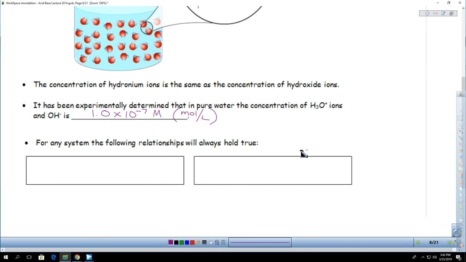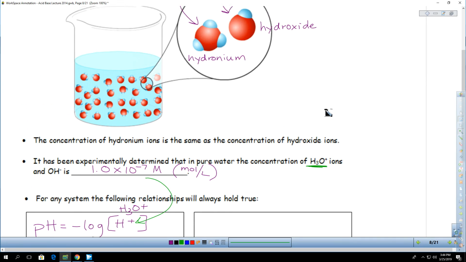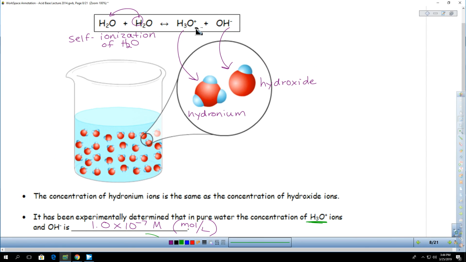When we look at that pH equation, pH is the opposite log of the hydrogen concentration, or hydronium, H3O plus. They're the same numerical value. You plug in this number. It's experimentally determined that this is the amount of hydrogen, and it's also the amount of hydroxide, because they are formed at a 1-to-1 ratio.